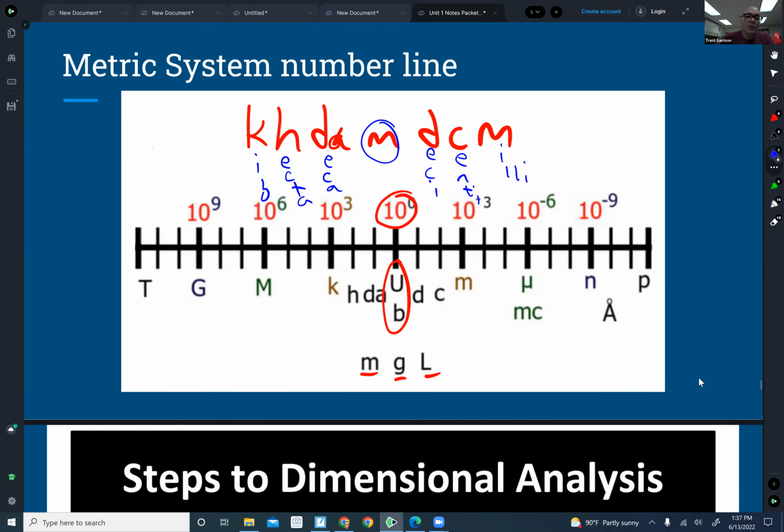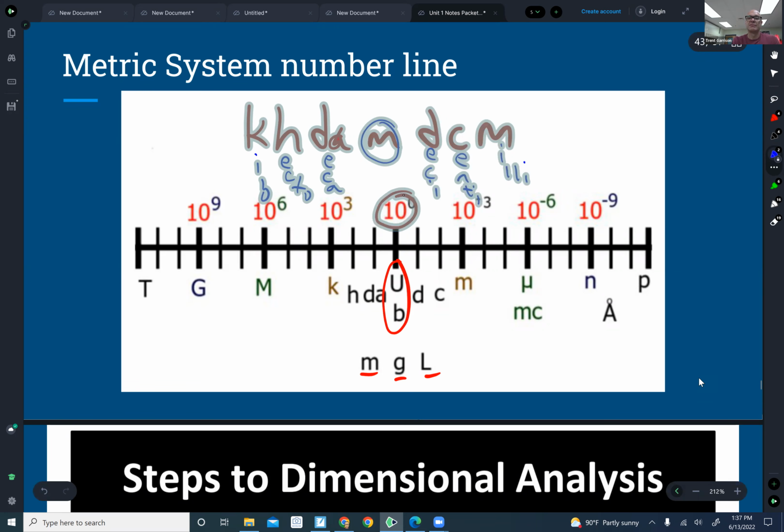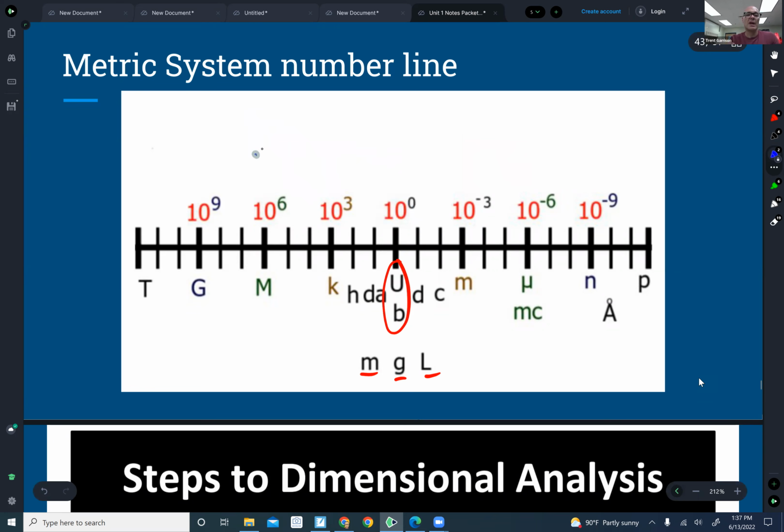So kilo, hecto, deca, deci, centi, milli. Kilo is the only odd one that sticks out there.